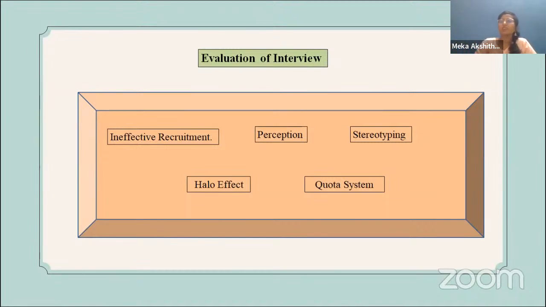Some of the barriers which can be in the interview or selection process include ineffective recruitment: whether the advertisement is given in a proper way, and whether the candidates who have applied for the job are under the eligibility criteria.